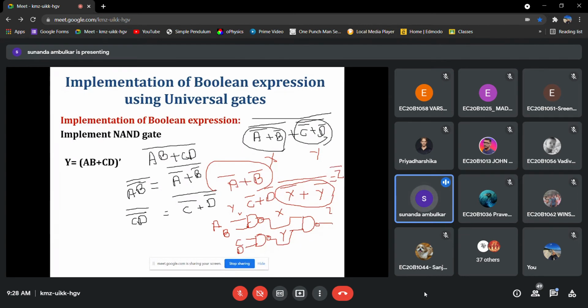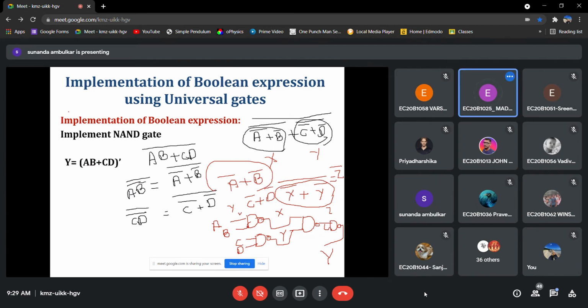So we need one more NAND gate to complete this implementation. So now how many NAND gates are required here? 1, 2, 3, 4. Four NAND gates are required. Okay, clear? Everyone clear?